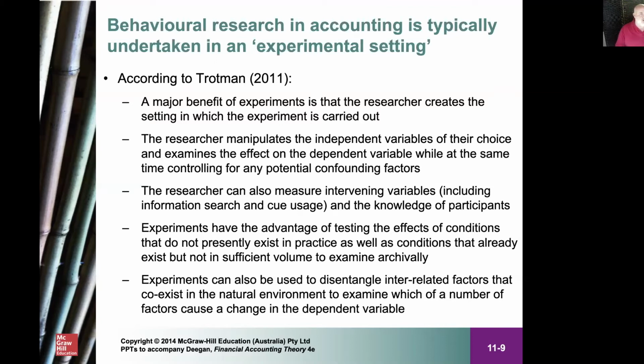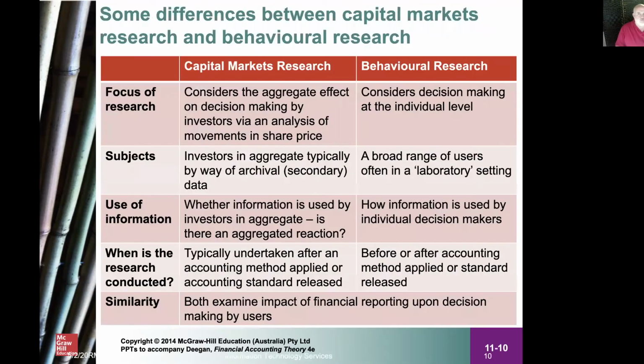Experiments can also be used to disentangle interrelated factors that coexist in the natural environment, and try to work out what factors are the most crucial here. Now, that's a nice summary.